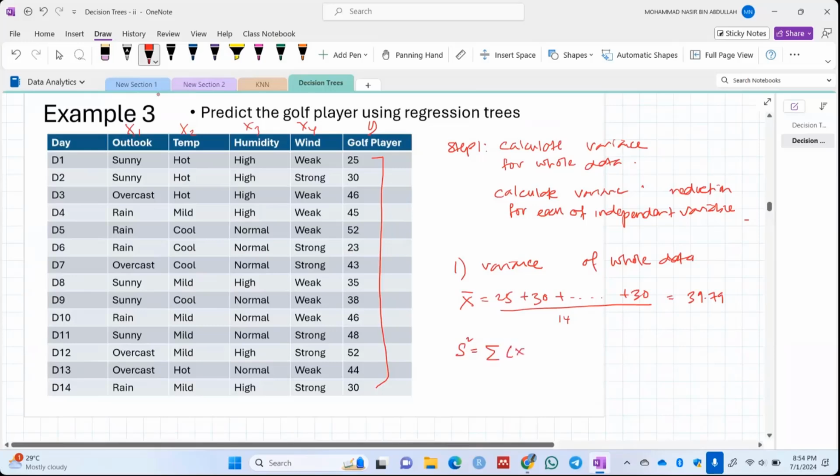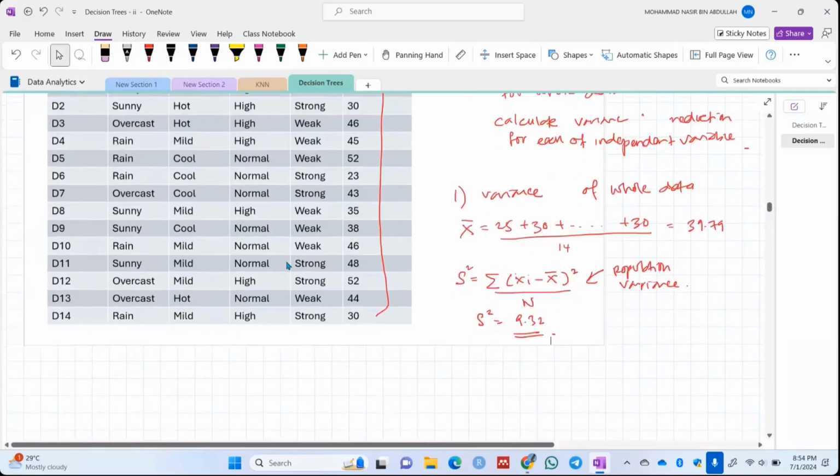So x i minus x bar squared divided by capital N. This is the population variance, and in this case it should be equal to 9.32. So this is the global variance for the data, the whole variance of the data.